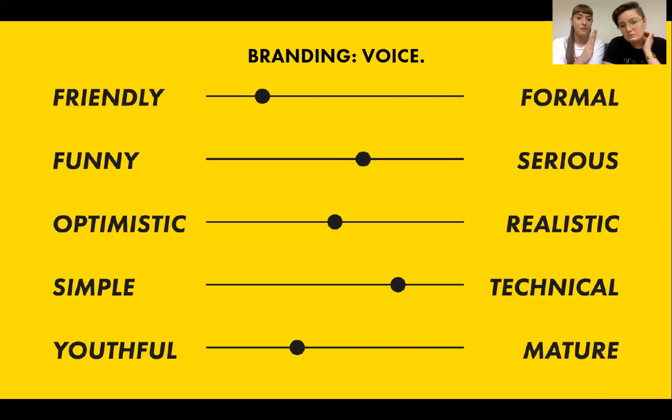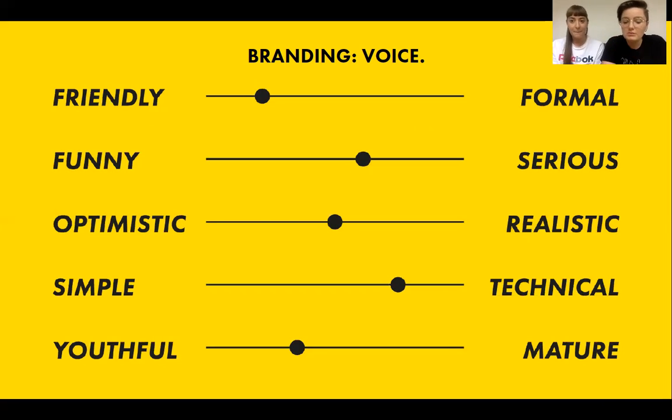And funny and serious, we're just a little bit over halfway. Optimistic and technical, and then pretty youthful. I think this probably reflects Wedge Collective, doesn't it? I'm not sure. Probably. So it's a really good way to either notice other brands' voice, or to think about your own business and your own brand, and where you want to be on this sliding scale.